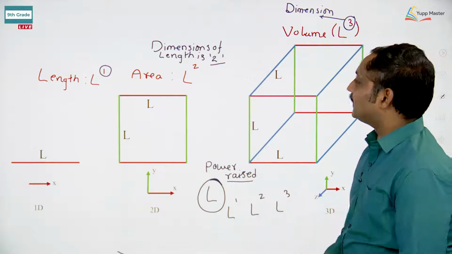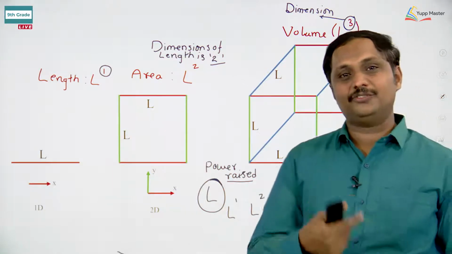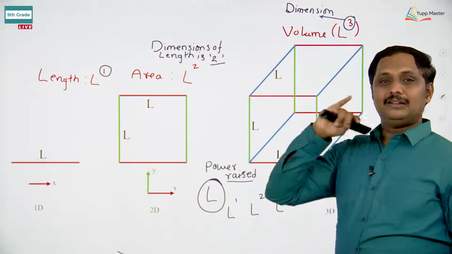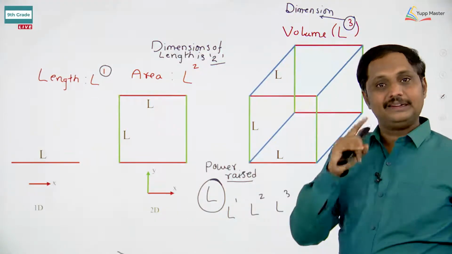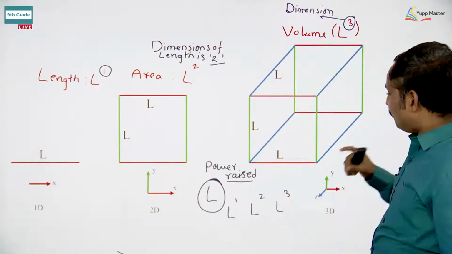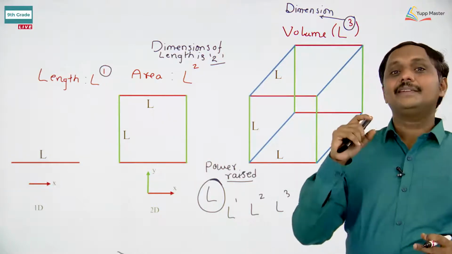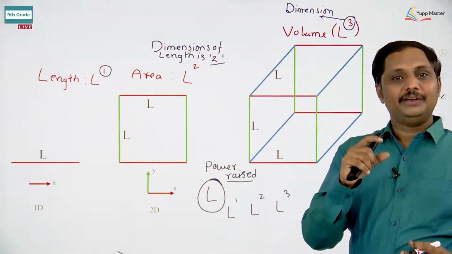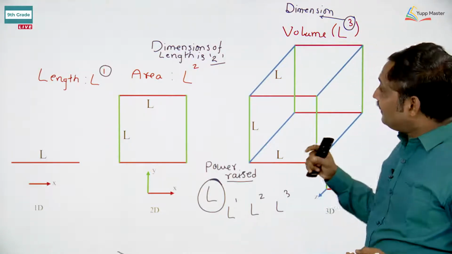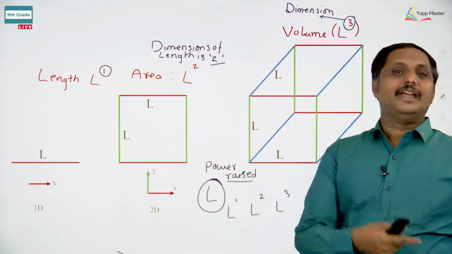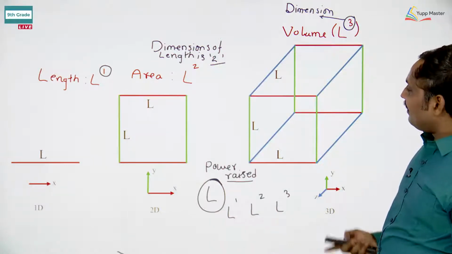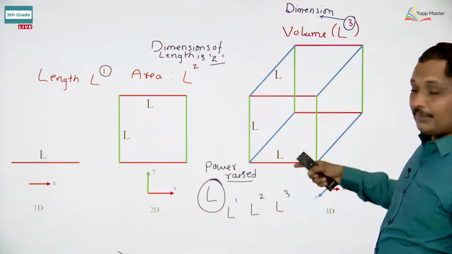Length is one physical quantity, let us assume. In fundamental quantities, we have mass, length, time. These are all independent quantities. Suppose you take one physical quantity and its power has been raised to a particular value, then it is known as the dimension. It is very clear.